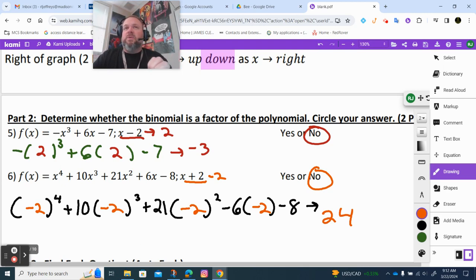If it's not 0, we circle no. All right. We good with 5 and 6?